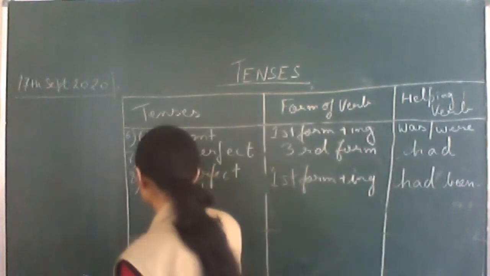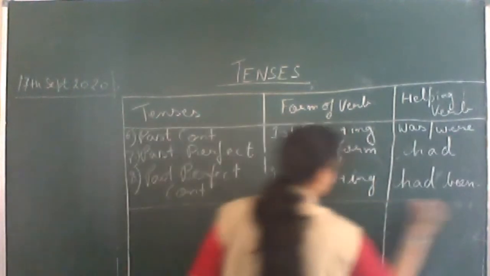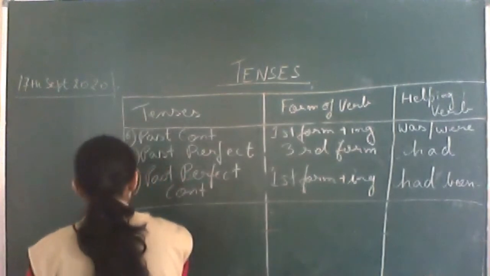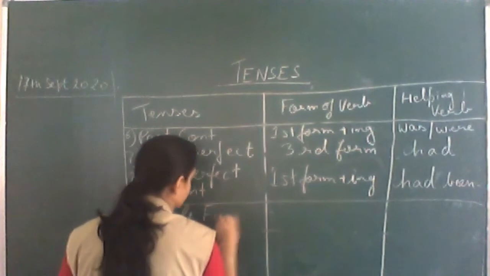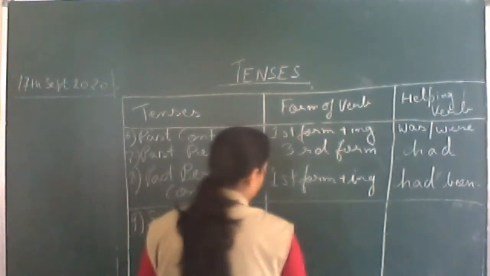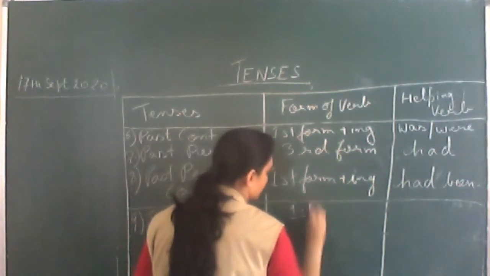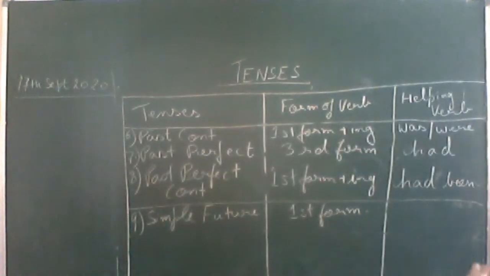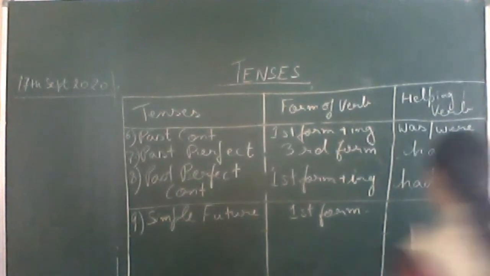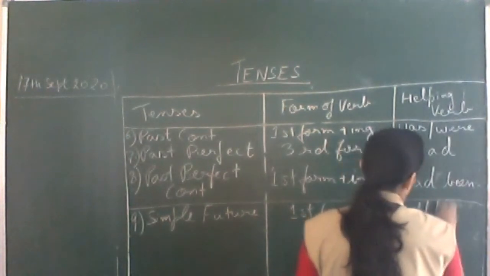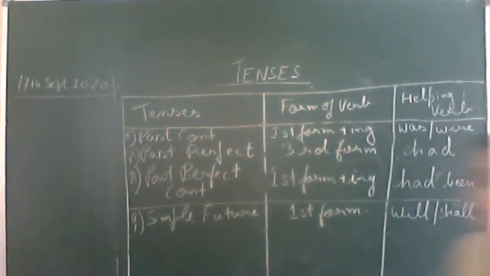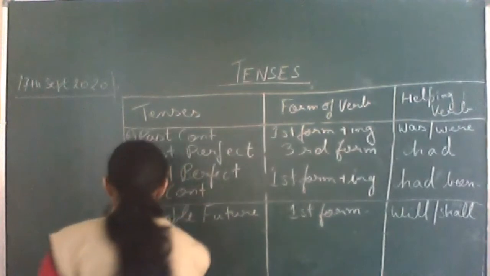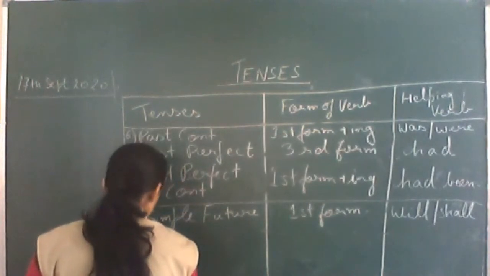Now we come to the future, children. In simple future we use the first form, and here we use a helping verb also. We will use will and shall as helping verbs. Now future continuous.